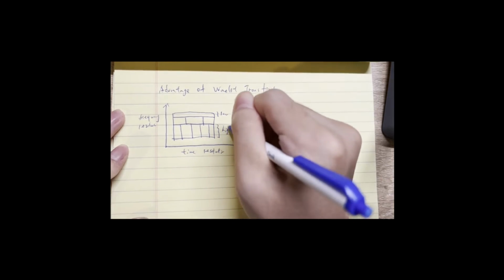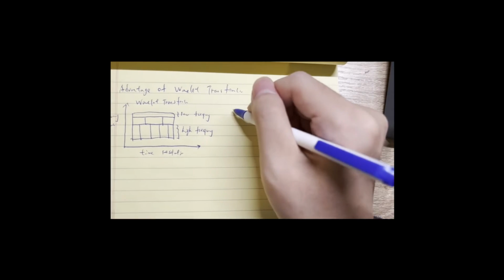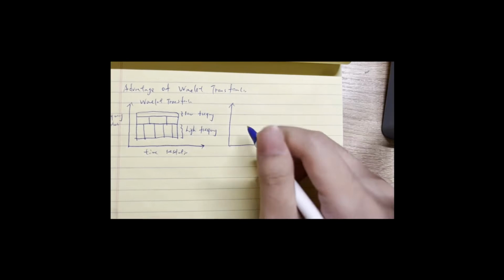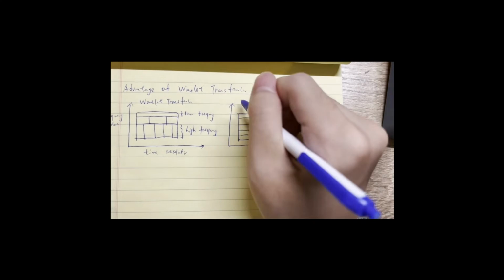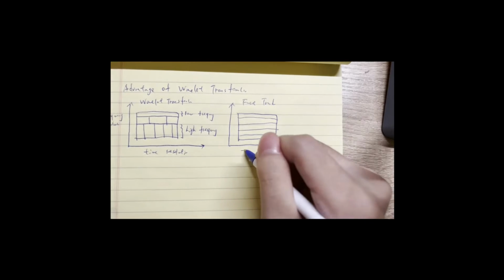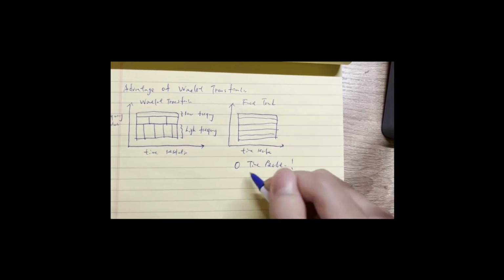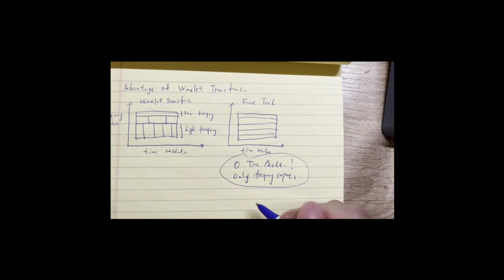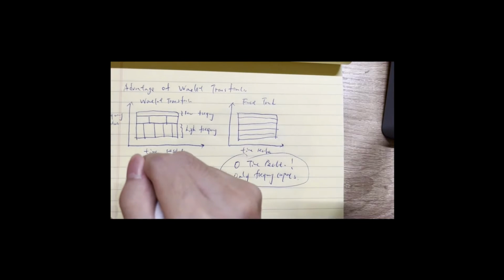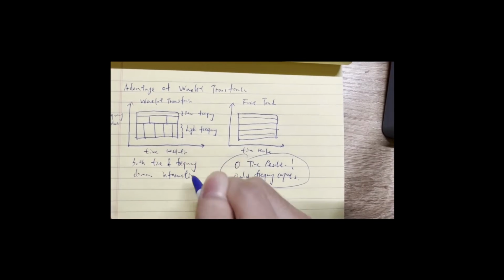High scale means low frequency, which corresponds to a bad time resolution, and low scale means a good time resolution but a bad frequency resolution. However, if we plot similarly for the Fourier transformation, we can see that there is zero time resolution. All we have is the frequency components. So we lose the information from the time domain, but for the wavelet transformation, we can get both.